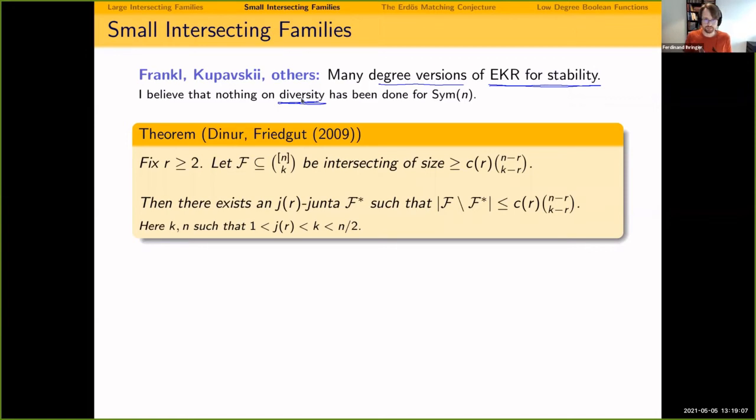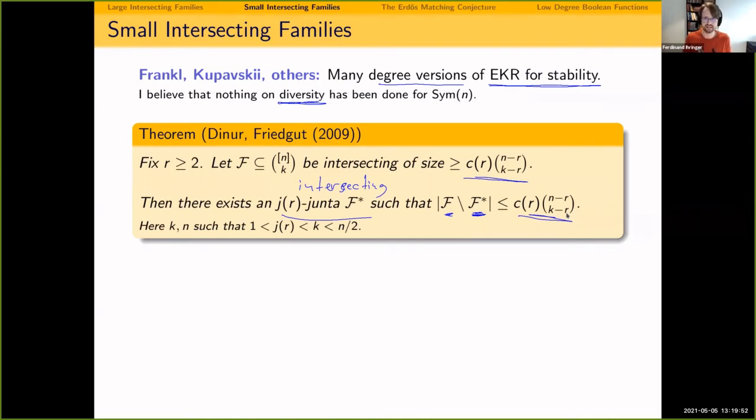But from the previous result, you can continue down this road. If you have a large intersecting family, then you can find some junta. And actually, I forgot to write this here. In this case, it's an intersecting family also. And you can remove this large junta intersecting family out of your family and what remains is relatively small.